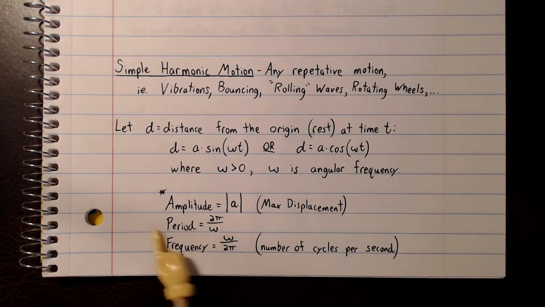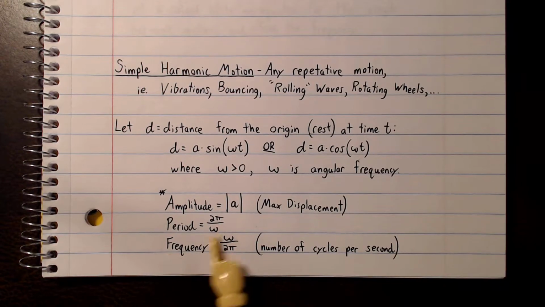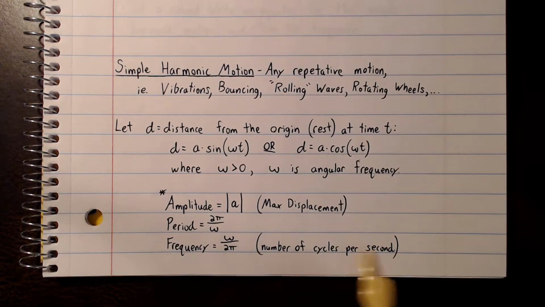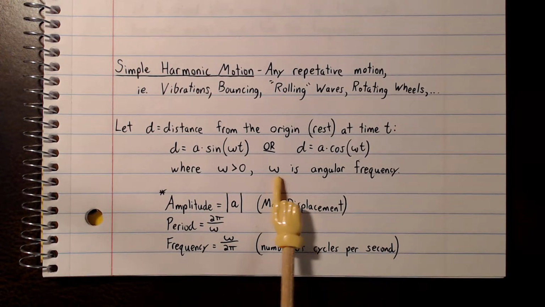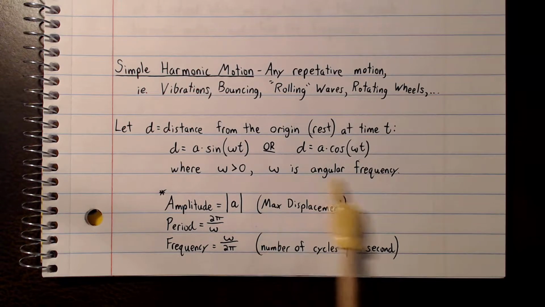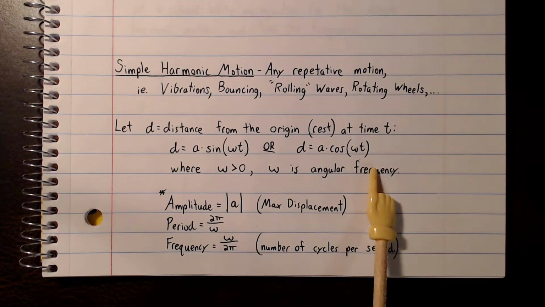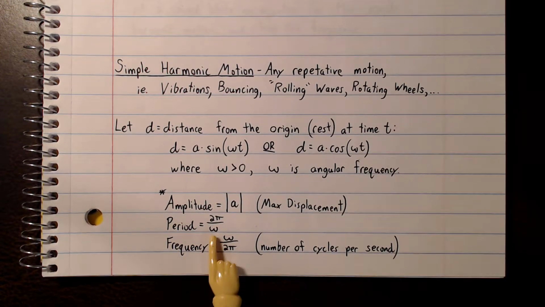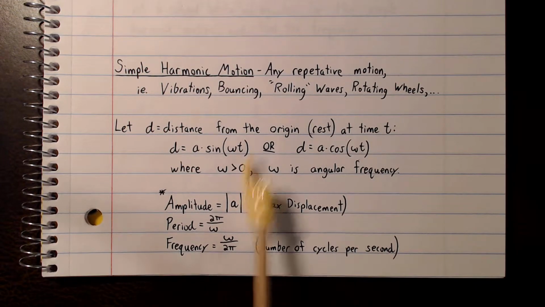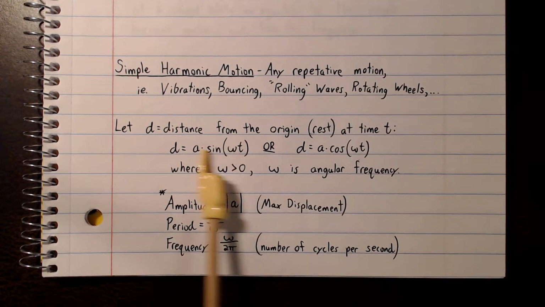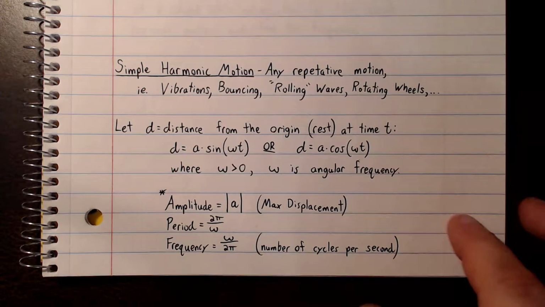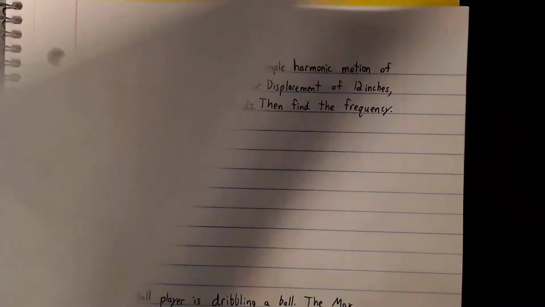You have a period, which is 2 pi over W, and you have frequency, which is W over 2 pi. Frequency is the number of cycles per second. So they're either going to have to give us this angular frequency, or they're going to have to give us a period, and we're going to have to find that W. But everything that we need is really pretty much given to us. You'll see an example right now.